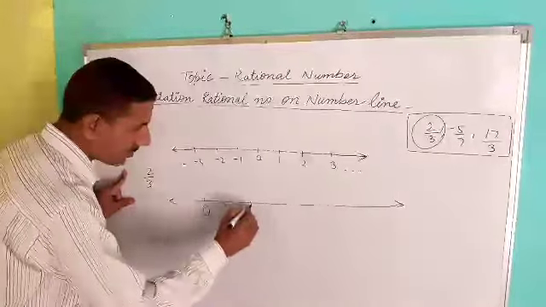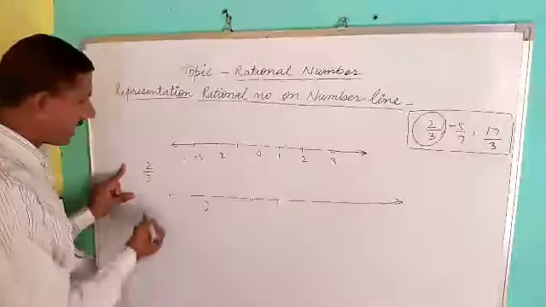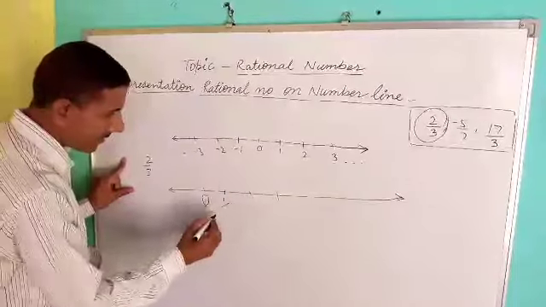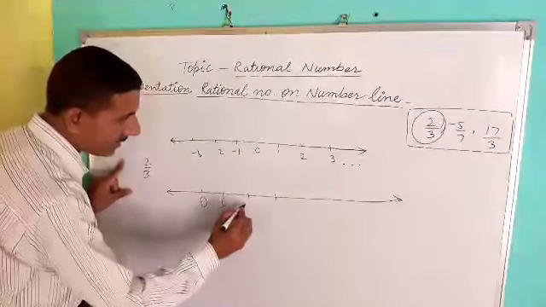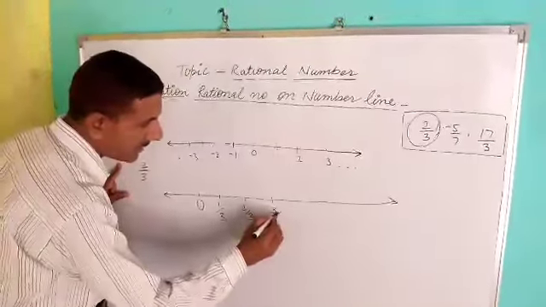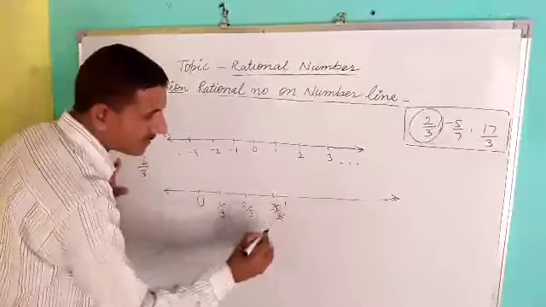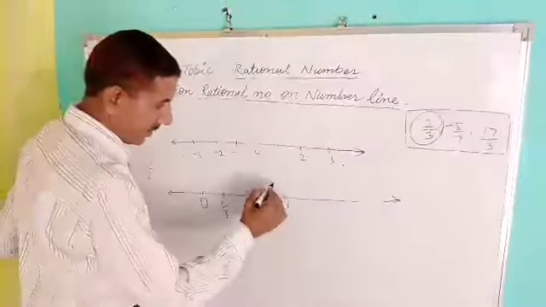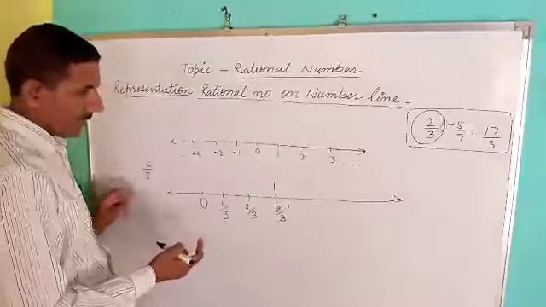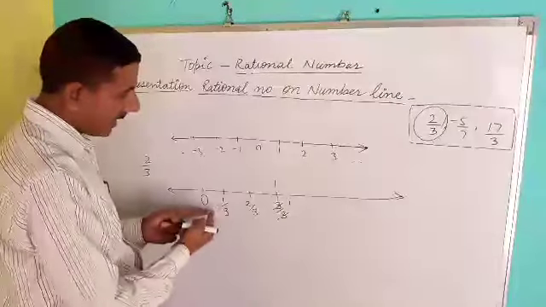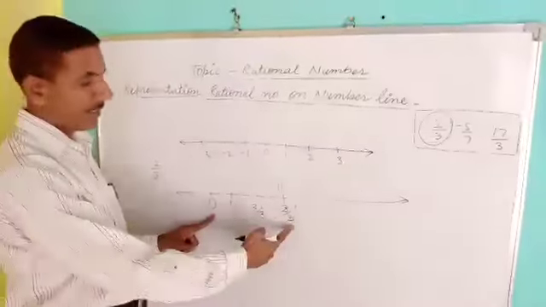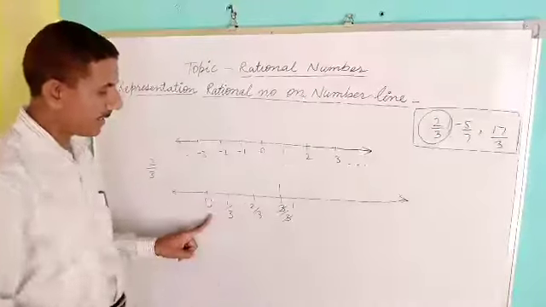So 1, 2, 3, and write on the first 1 by 3, 2 by 3, 3 by 3, and 3 by 3 is 1. The distance between 0 and 1 is divided into 3 parts, 1, 2 and 3.